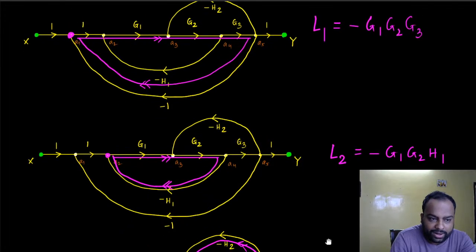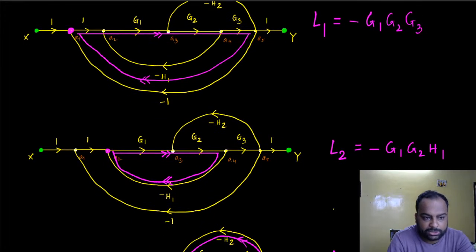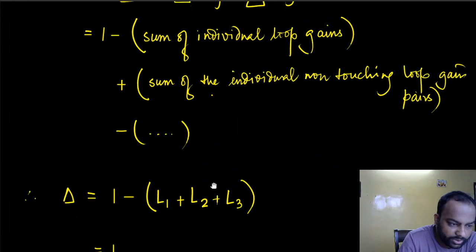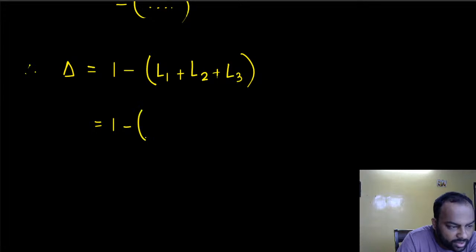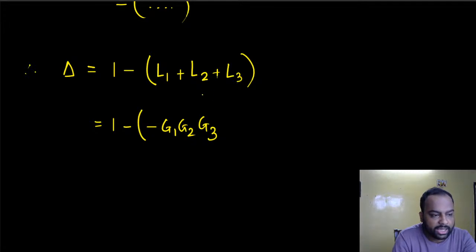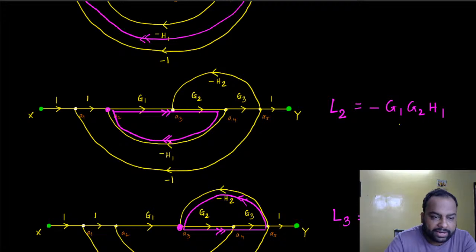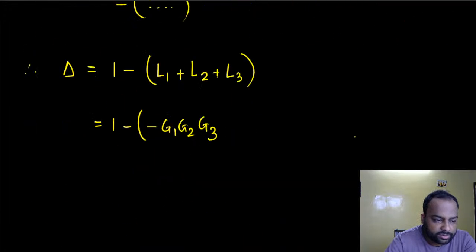So L1 is minus G1, G2, G3. Now what is L2? L2 is minus G1, G2, H1.